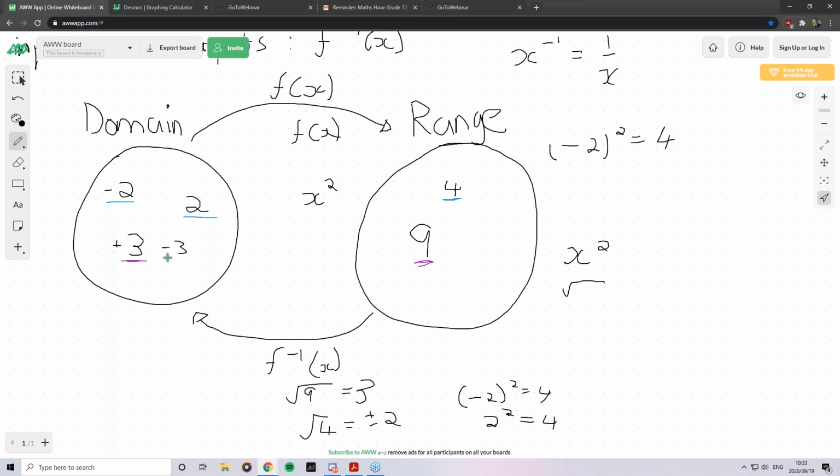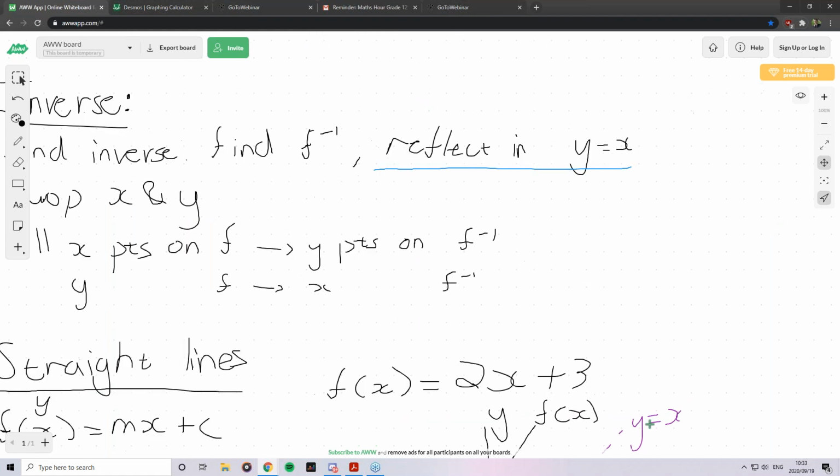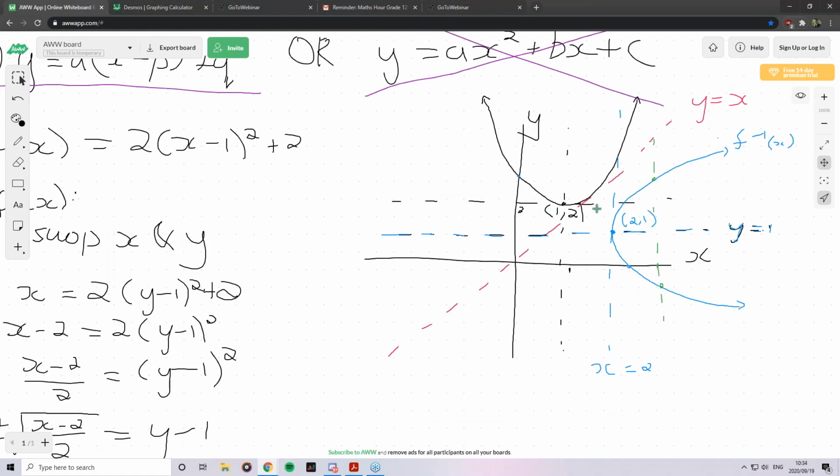So we can actually see that this actually happens to all of them. And what do you notice about x squared? Well, y equals x squared is a parabola. It's what we have here, just shifted a bit.